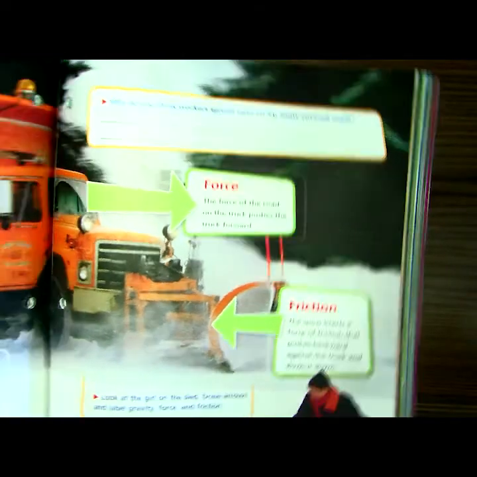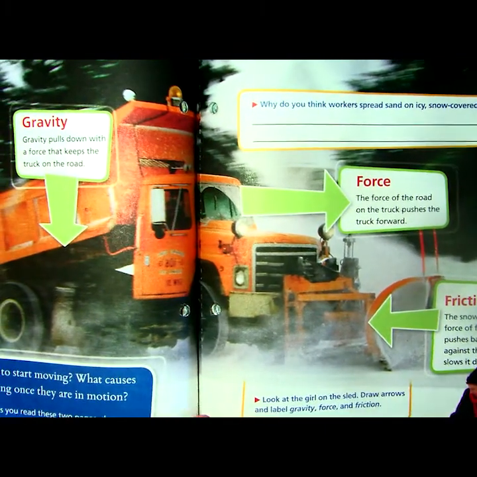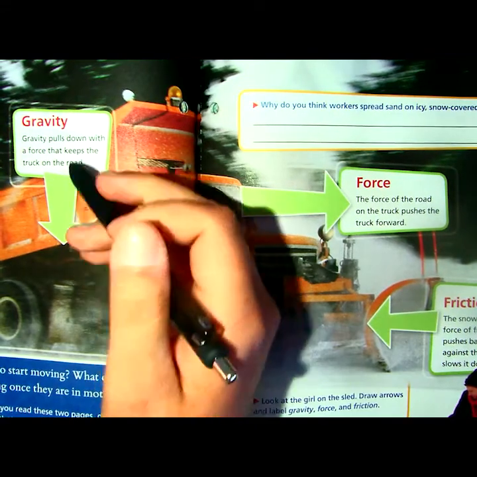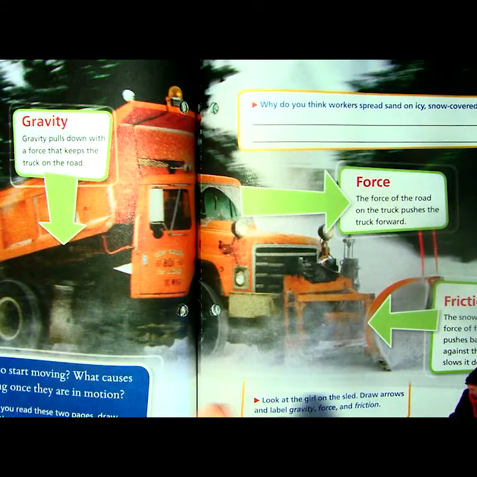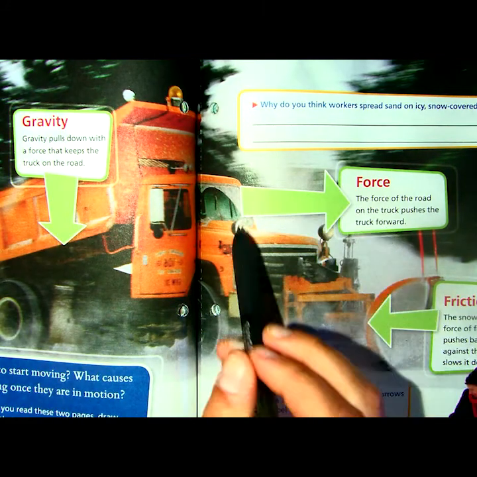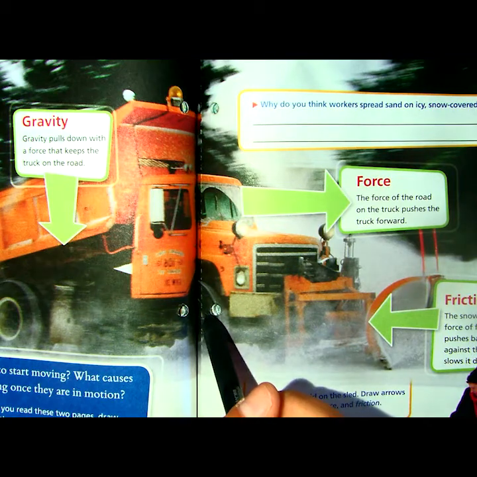So now I have my textbook here in front of me, and I can see these green arrows. They gave us this example in the snow, and they have a truck here, and we see the arrow pushing down, showing gravity, which is pushing the truck down onto the road. Then force: there's an engine, and it will work to turn these wheels.